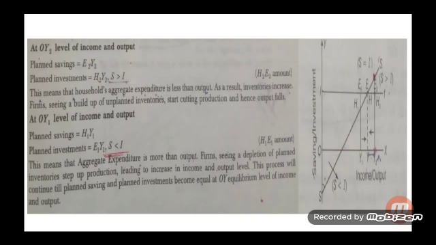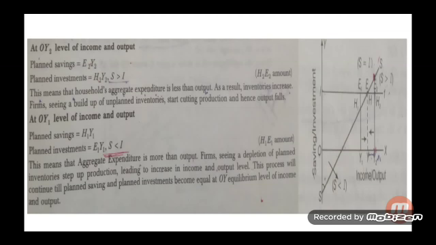Now, with the help of a diagram, the OX axis contains the income and output and the OY axis contains saving and investment. I had explained to you about the saving curve, that it starts from the negative Y axis because consumption is there even when there is no income.